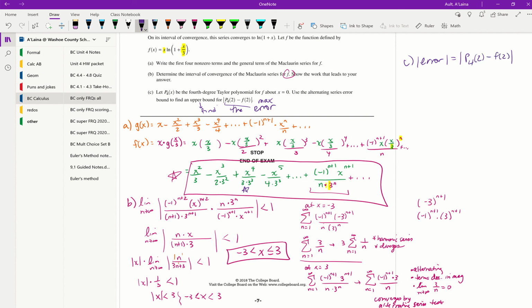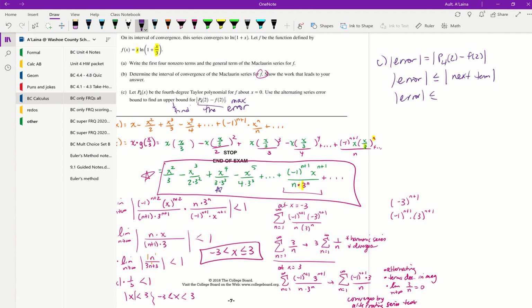That error is going to be less than or equal to the absolute value of the next term. So the next term, since we did a 4th degree, would be the 5th term. So it would be the absolute value of negative x to the 5th over 4 times 3 to the 3rd, and specifically at x is equal to 2.